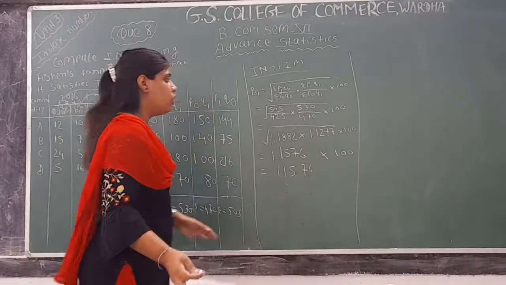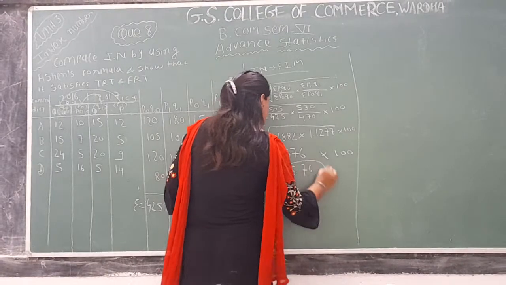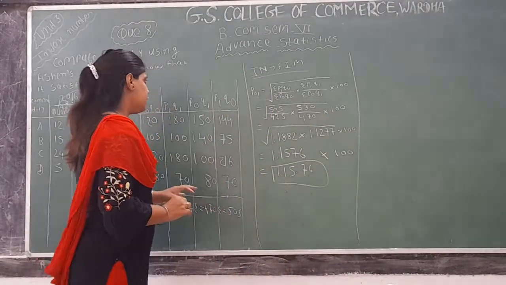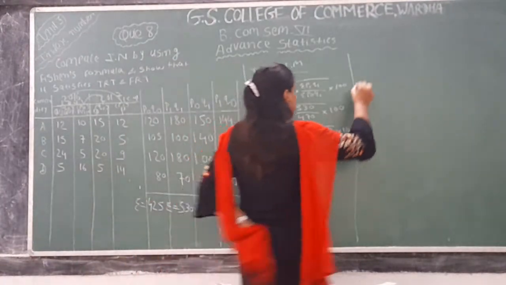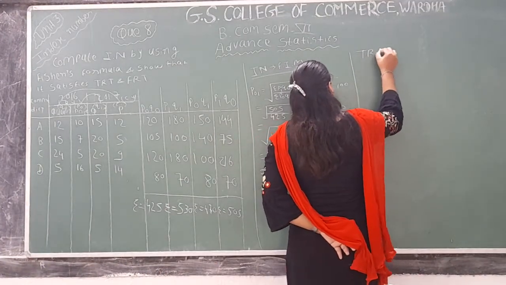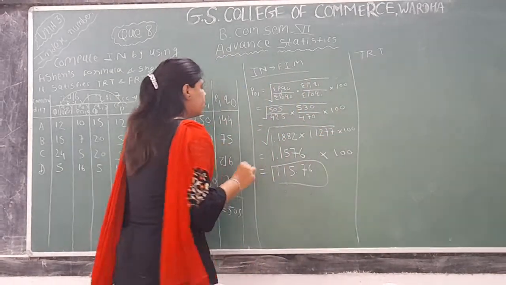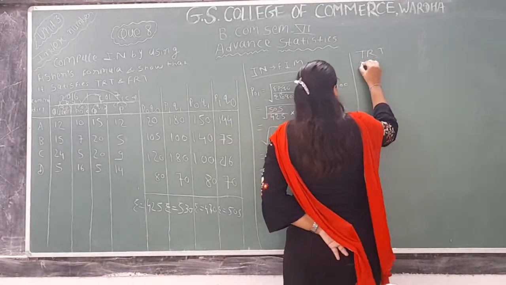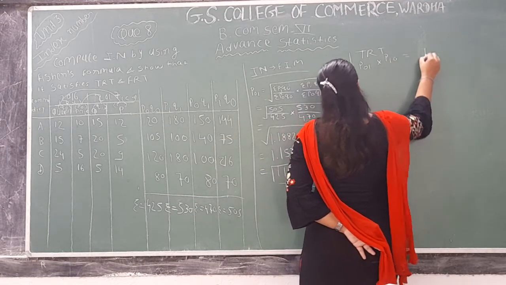Now what we have to find out is whether this index number satisfies both the tests or not. The first one is the time reversal test, TRT. What is the formula for the satisfaction of the time reversal test? It is P01 into P10 should be equal to 1.